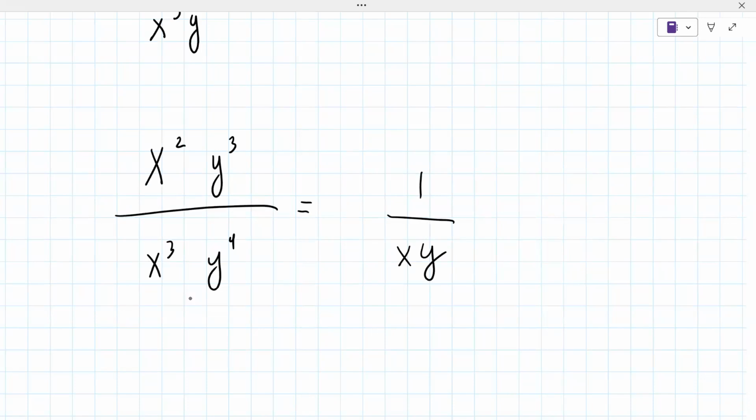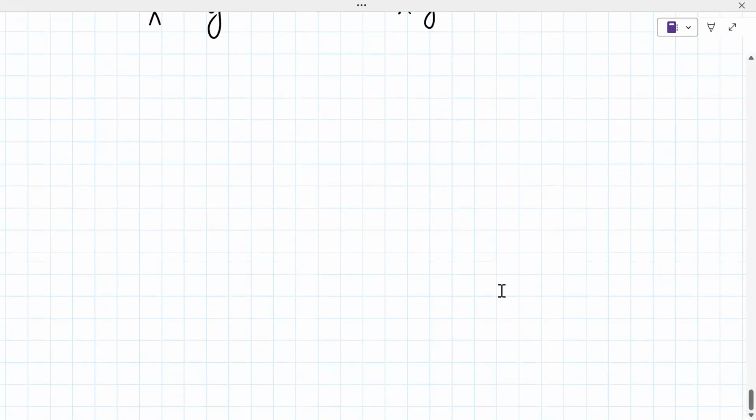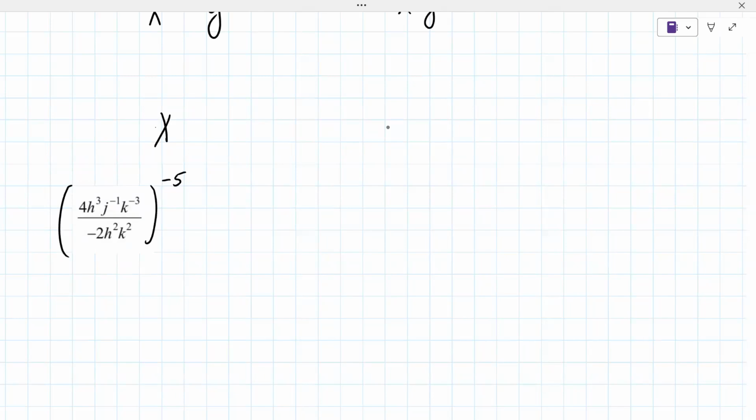Now, these do get more complicated, and we don't have time to get into those, but what you might have seen in your class would be basically a problem like I'll just snip in 20 as an example. They give you something like this, but then they throw it to the -5 power.